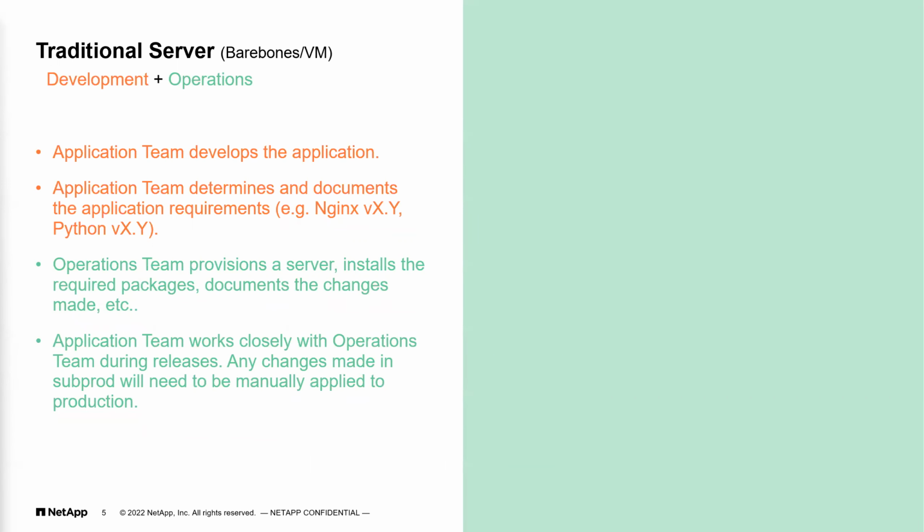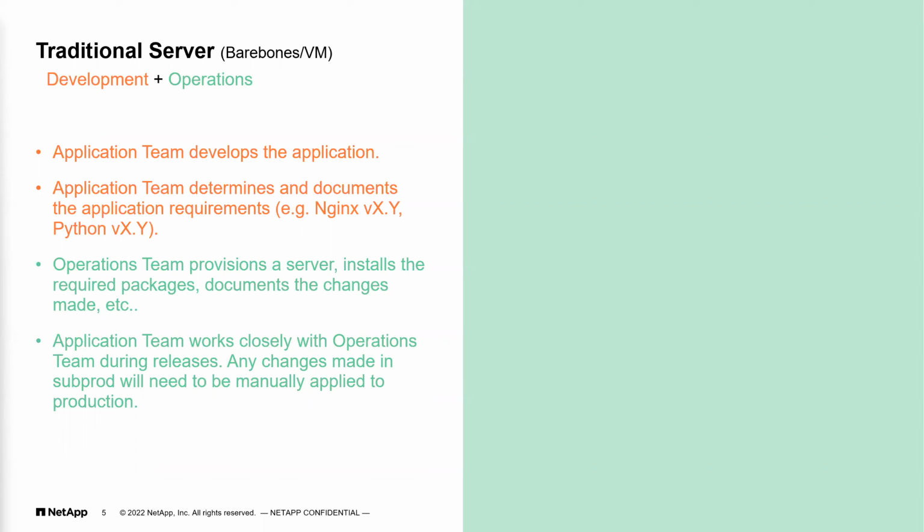So now I want to start digging into what DevOps and CI CD is, and then I'll come back to Docker a little later. If you look at a traditional application development and release model, you'll typically see two teams. You'll have a development team who's responsible for developing the application code and determining the required packages needed to run the application.